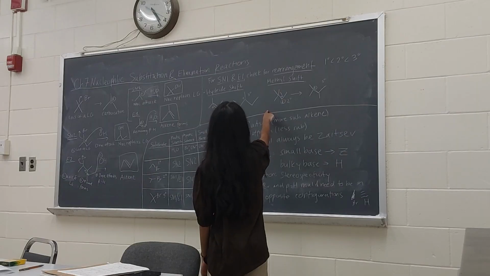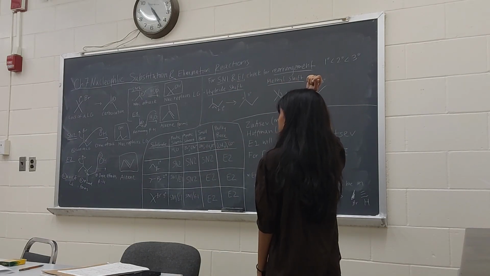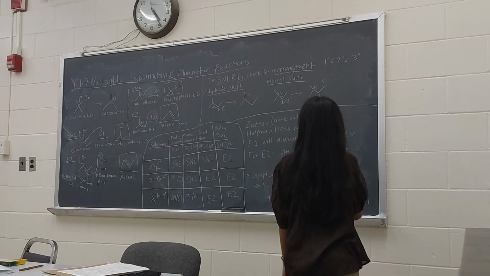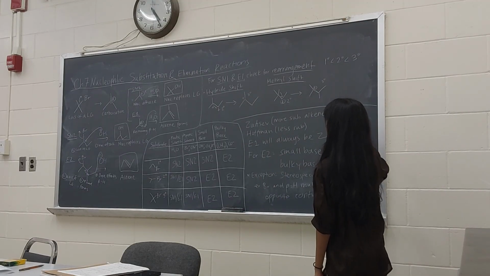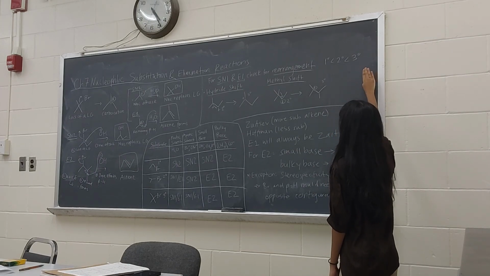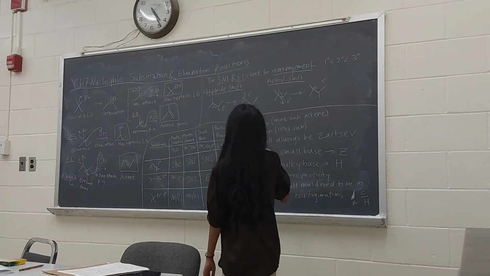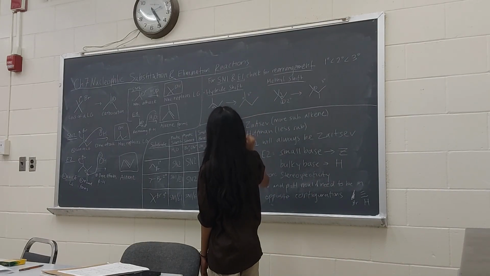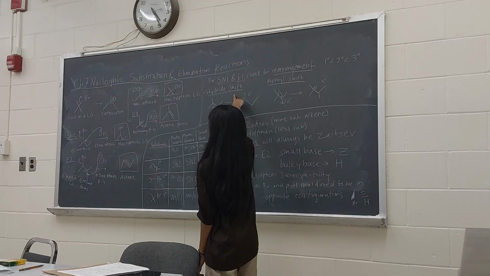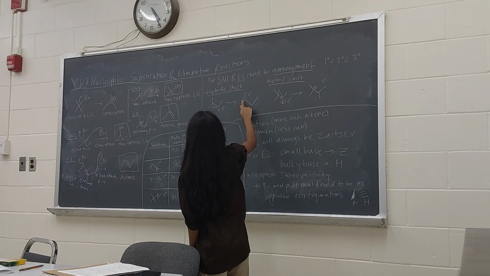But this is important, the rearrangement. For SN1 and E1, always check for rearrangement, and you want to increase the stability. Secondary is more stable than primary, and tertiary is more stable than both of them. There's two ways you can rearrange. One's the hydride shift, where this carbocation is secondary, but it has a possibility of becoming tertiary.